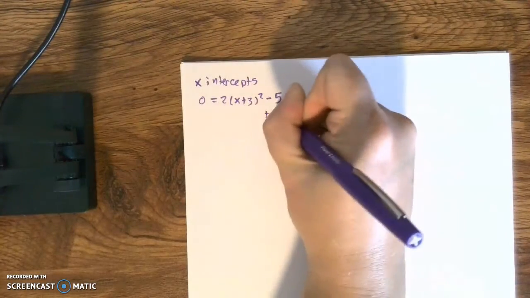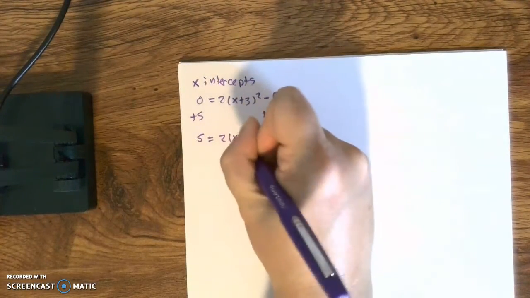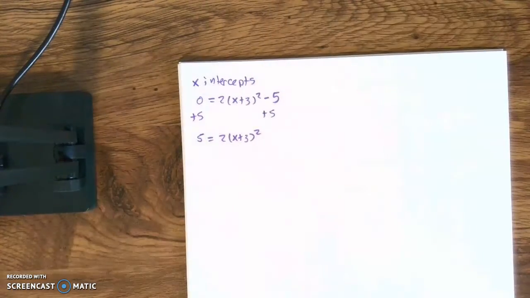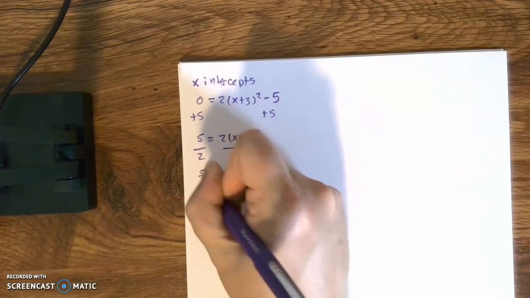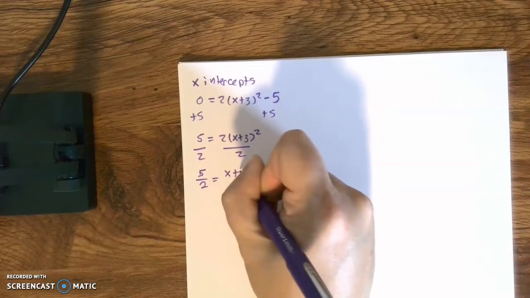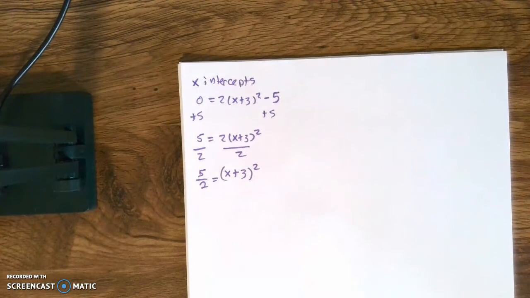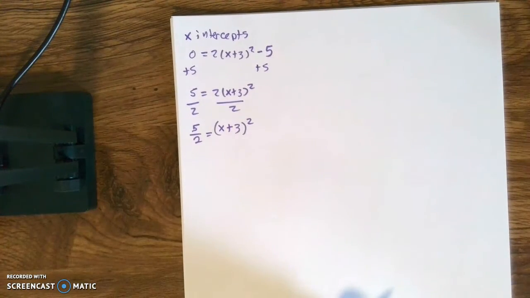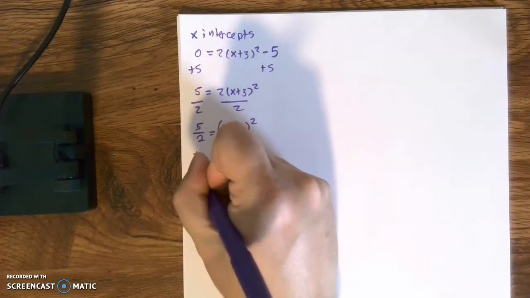So we'll add 5 to both sides, and then we can divide everything by 2. Now we can take the square root of both sides. Remember, we have to do plus or minus on one of the sides.